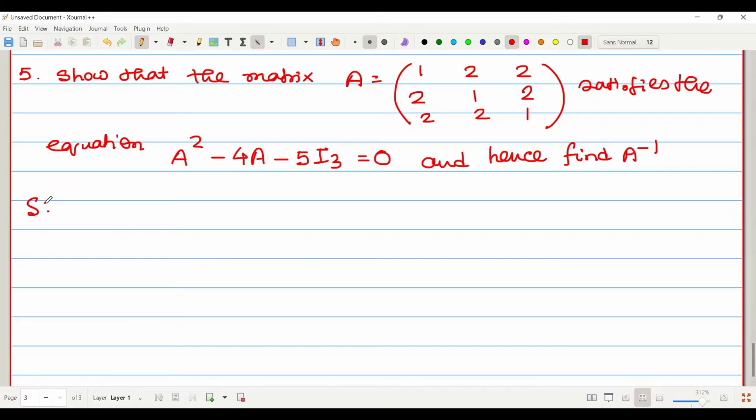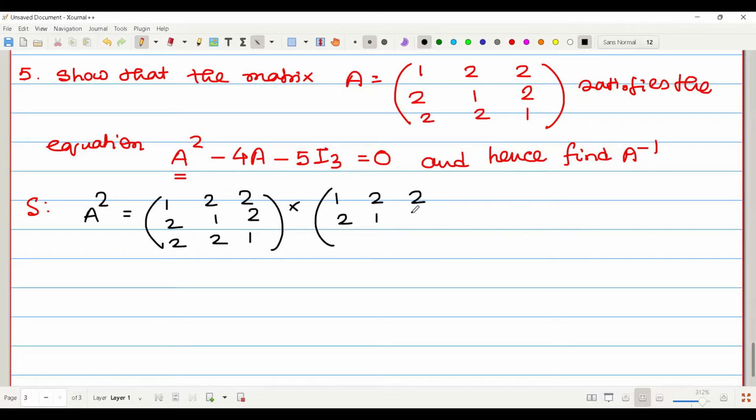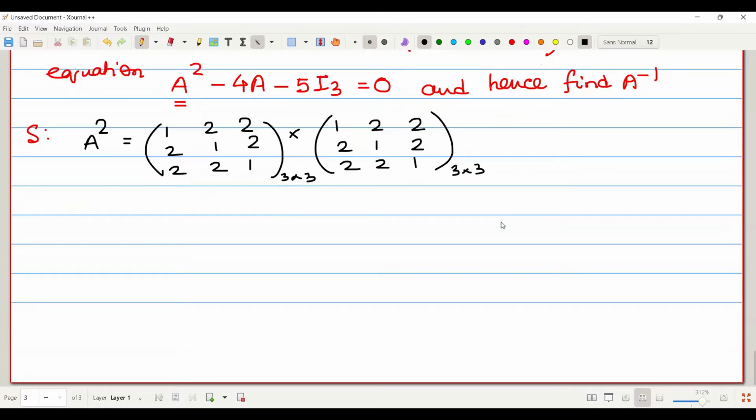So what should be the solution? At first we have to find out the A square. So A square means that is [1, 2, 2; 2, 1, 2; 2, 2, 1] cross [1, 2, 2; 2, 1, 2; 2, 2, 1]. As both are 3 cross 3 order matrices, the multiplication is possible.